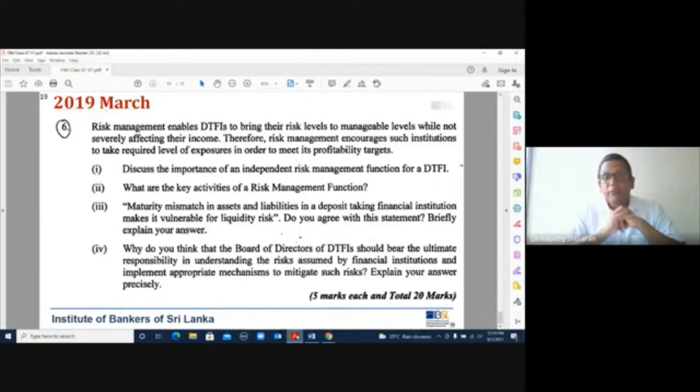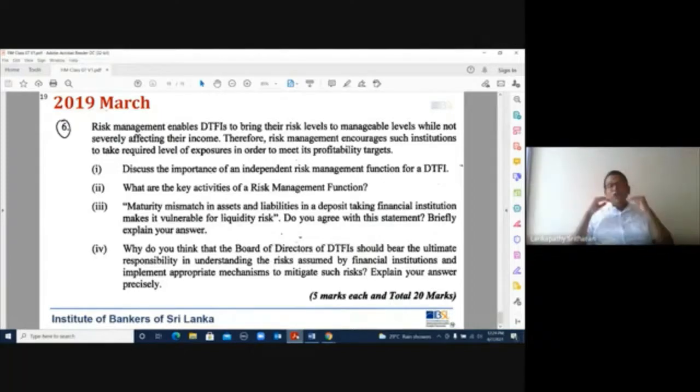Why do you think that the board of directors of a deposit-taking finance institution should bear the ultimate responsibility in understanding the risk assumed by the finance institution and implement an appropriate mechanism to mitigate such risk? Explain your answer.